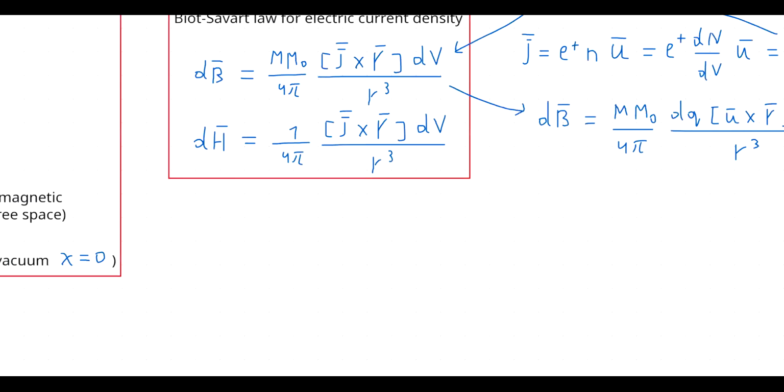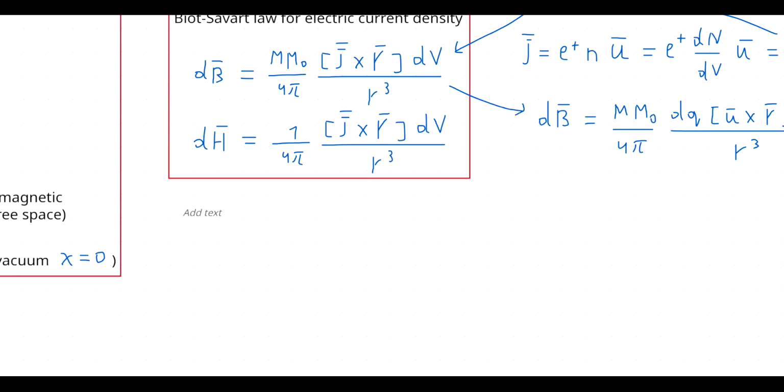So we can write the Biot-Savart law for a point charge in motion.